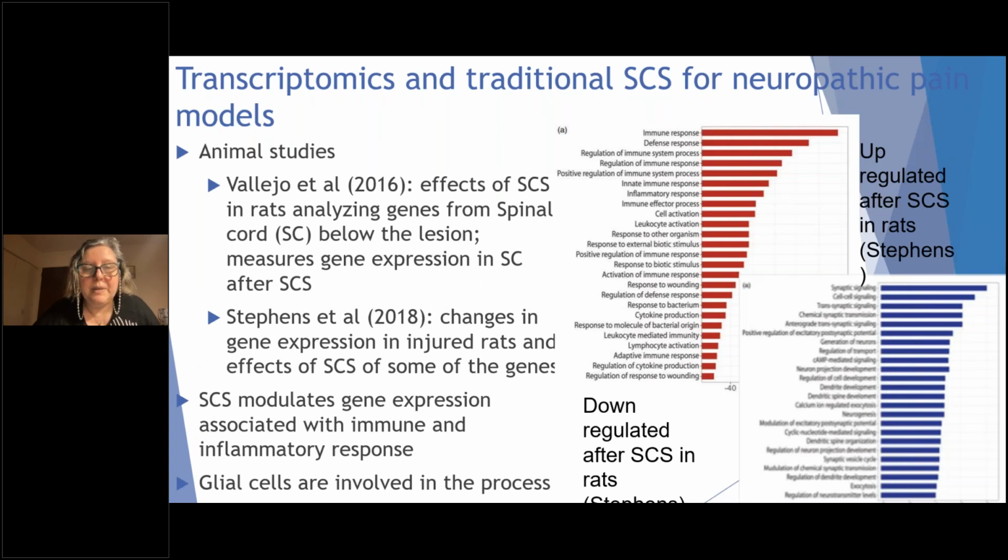Several early papers, 6-7 years ago, showed effects of applying the spinal cord stimulator to rats on gene expression in sacrificed animals. Basically the main effect is on gene expression associated with immune and inflammatory responses.